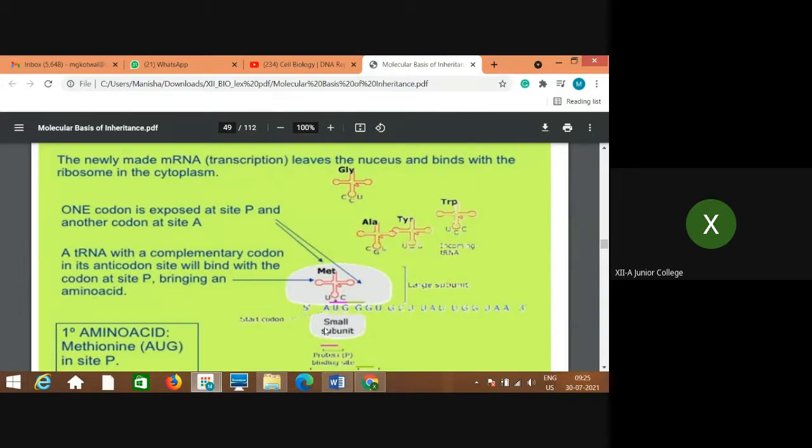So first of all, this smaller subunit gets attached to this mRNA at the 5' end. What is the 5' end? Generally, at the 5' end, the process of translation starts with the codon having AUG nucleotides. The codon AUG is considered to be the start codon.